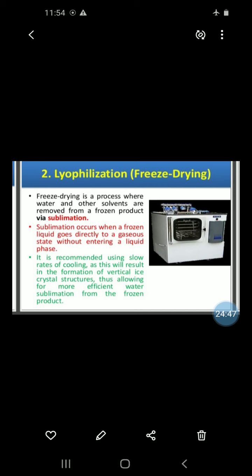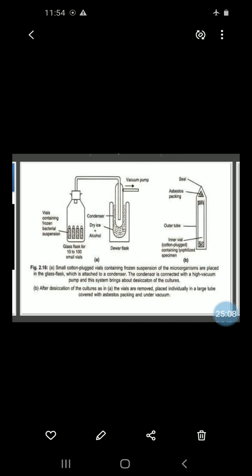For lyophilization, we can use a lyophilizer, which is the name of the instrument. A slow rate of cooling is recommended, as this will result in the formation of vertical ice crystal structures, thus allowing more efficient water sublimation from a frozen product. Yes, here we can see the image.